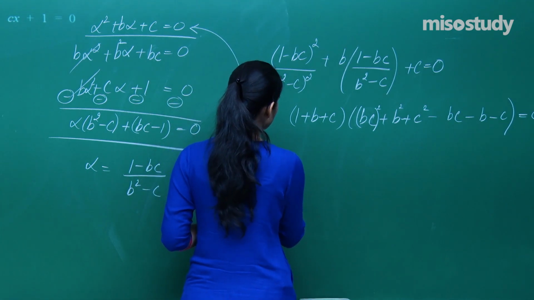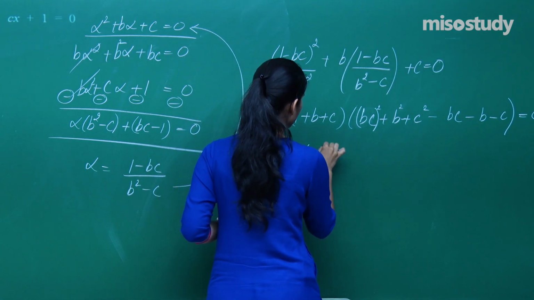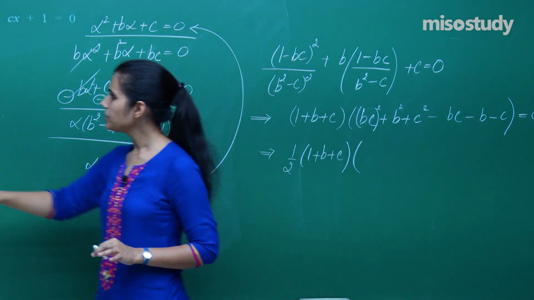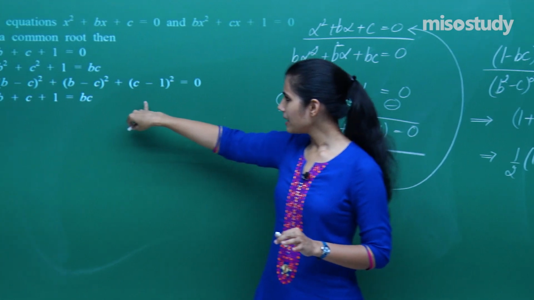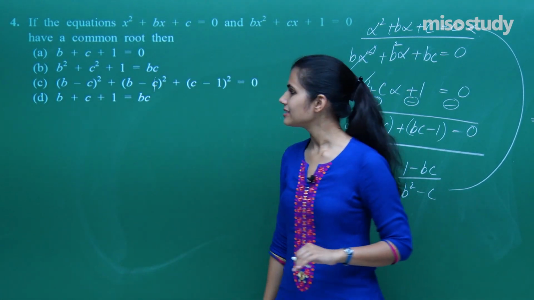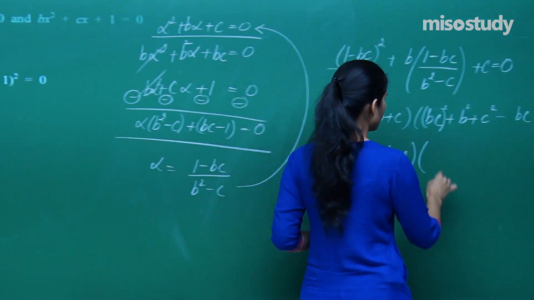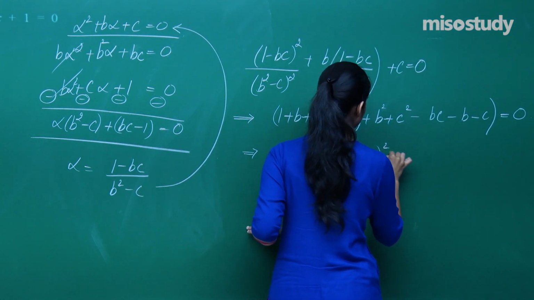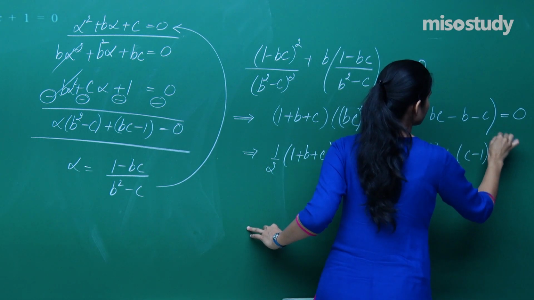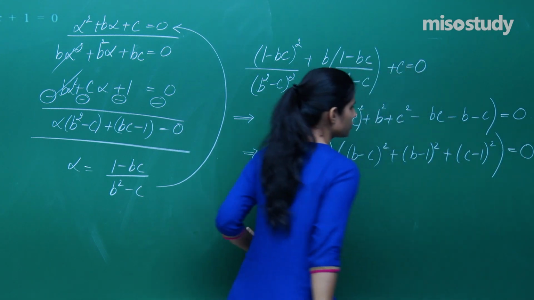Which you can write as what? Half of 1 plus B plus C into, you will have B minus C whole square plus C minus 1 and B minus 1. So, you will have B minus C whole square plus B minus 1 plus C minus 1. That's what you're going to have.